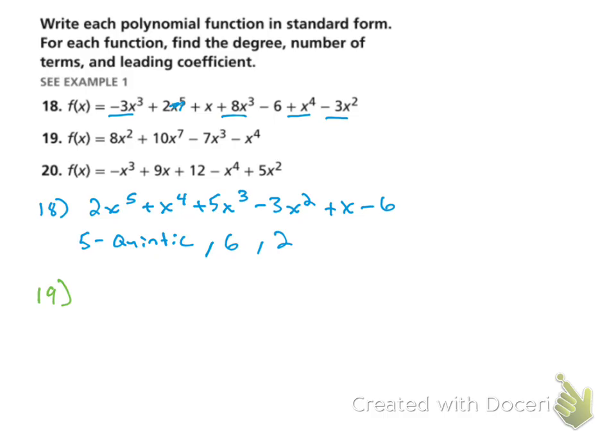Number 19, we would have 10x to the 7th minus x to the 4th minus 7x cubed plus 8x squared. Degree would be 7. So you could just say it'd be 7th degree.